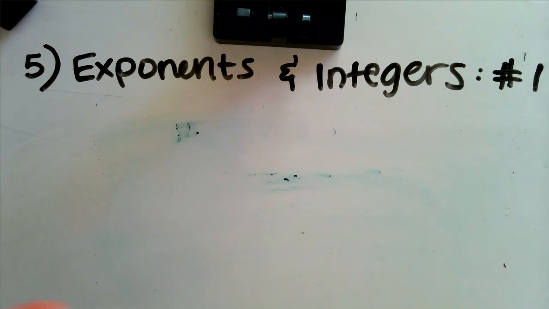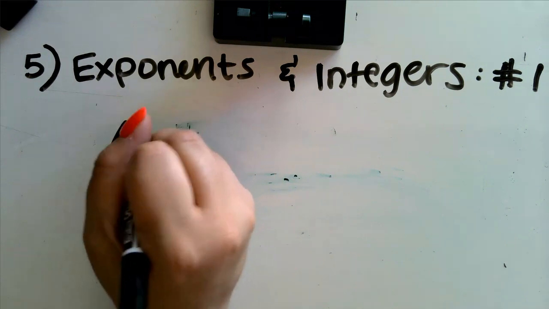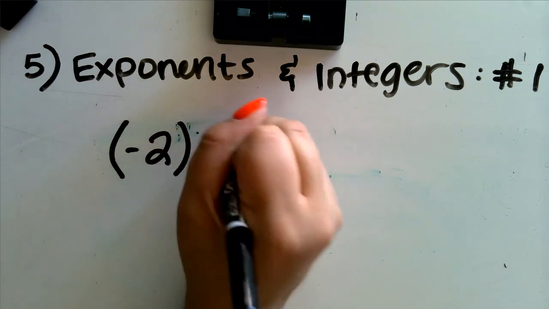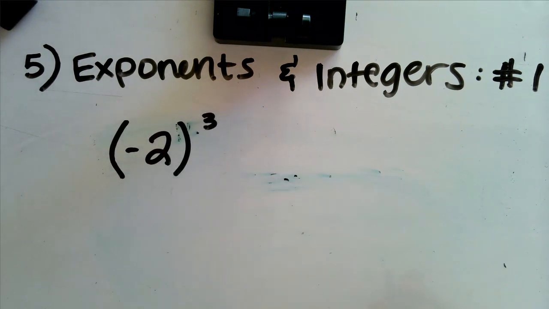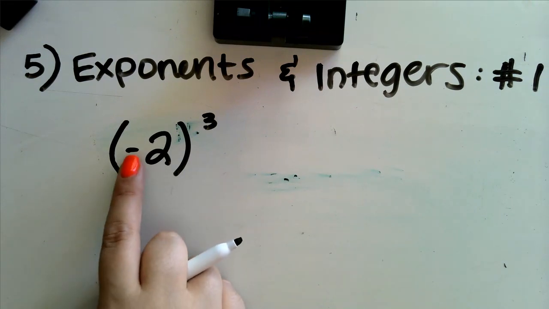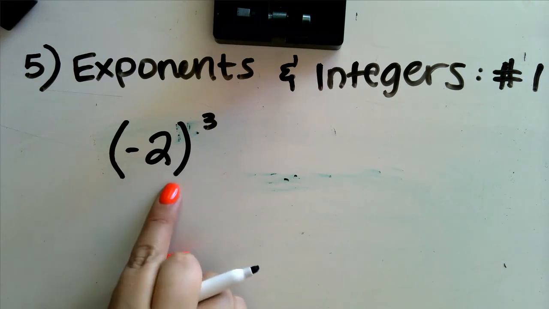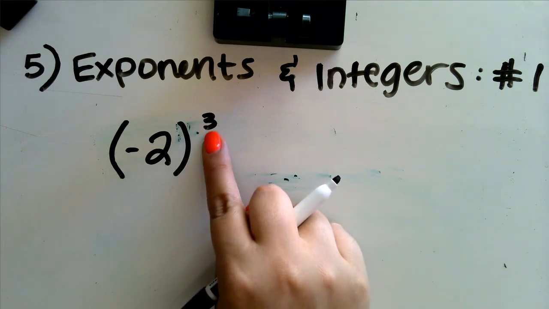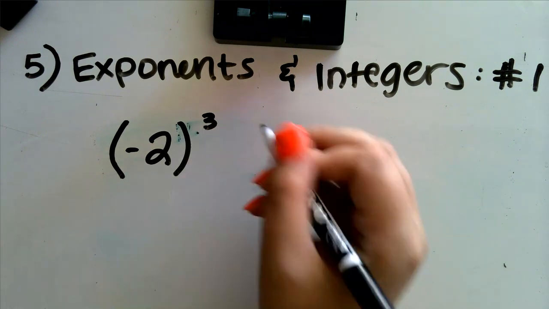This first example I want to do is (-2) to the third power. What I want us to notice here is that we have a negative number sitting inside of these parentheses. And then I also want us to notice that our exponent is sitting on the outside, okay?